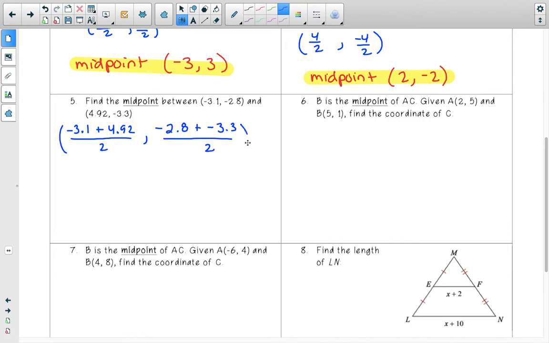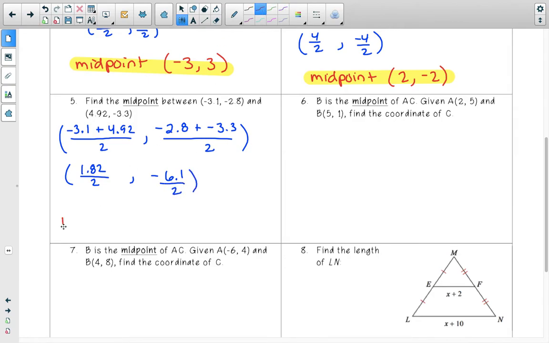So when we add these together, negative 3 and 1/10 plus 4 and 92 hundredths, we get 1 and 82 hundredths, and we're going to divide that by 2, comma. When we add negative 2 and 8/10 plus a negative 3 and 3/10, so that's really negative 2 and 8/10 minus 3 and 3/10, we get negative 6 and 1/10 divided by 2, close parentheses.